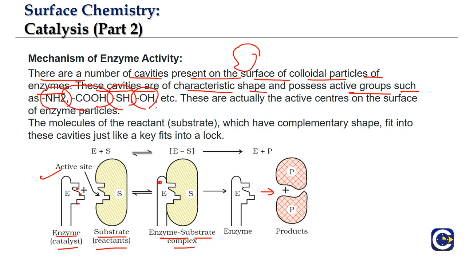So these are chemically active groups that will be present in the cavities, and these will usually act as the active centers. Active centers means these are the chemically reactive sites on the enzyme molecule, and the molecules of the reactant which have complementary shape will fit into these cavities just like a key fits into a lock. Only the molecules of substrate that have complementary shape will be able to come and fit into it like a key fits into the lock.